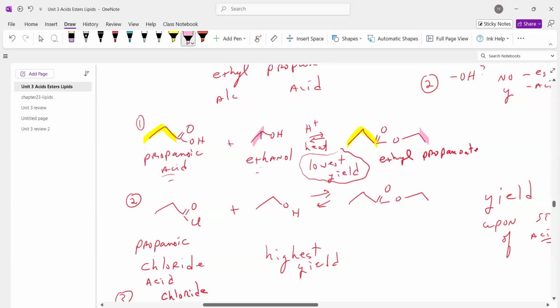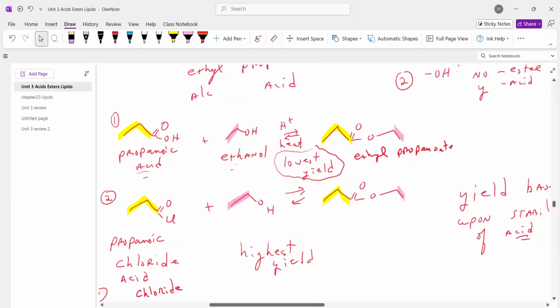So we take the primary backbone acid chloride along with the secondary backbone from the alcohol, and then we form the ester.